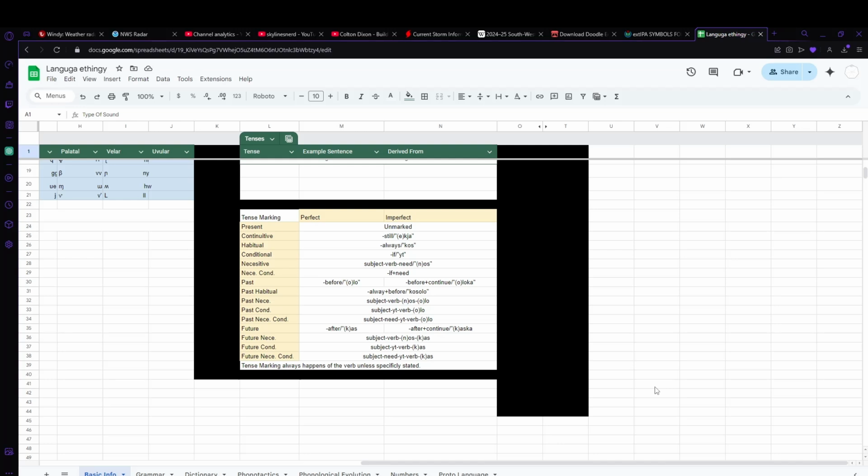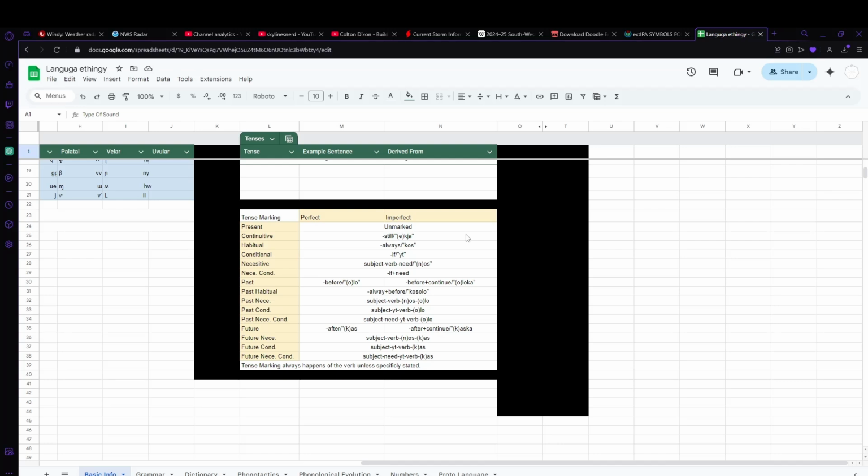I'm gonna have to clear that up as well. I don't know if we're adding if onto the thing. I don't know what we're supposed to be doing, to be honest. Well, I see that in more places. So I need to change this. Okay, whatever. Past necessive conditional, subject need, eth, verb, olo.